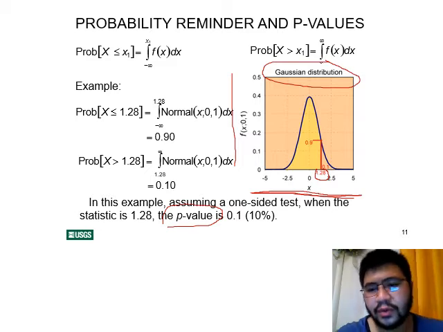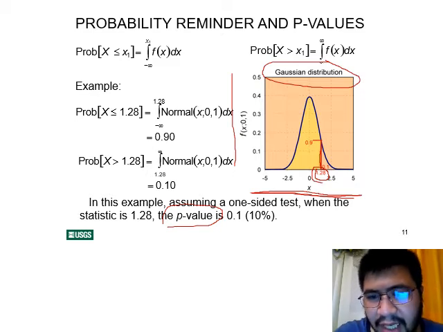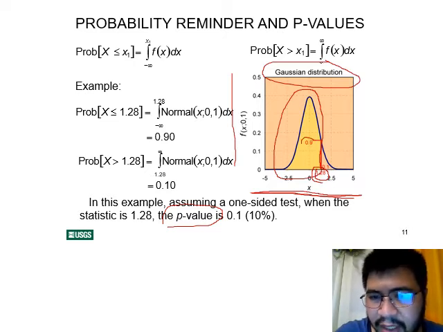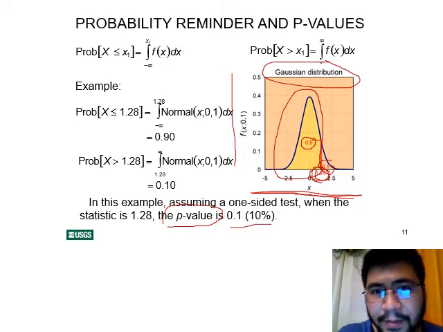At 1.28, you basically have to integrate the whole area behind it. This part is actually 90% cumulative probability, and on the right side of it is 10% cumulative probability. Since we are on a right-tailed test, you can see here that the probability of 1.28 is actually 0.1 or 10%.